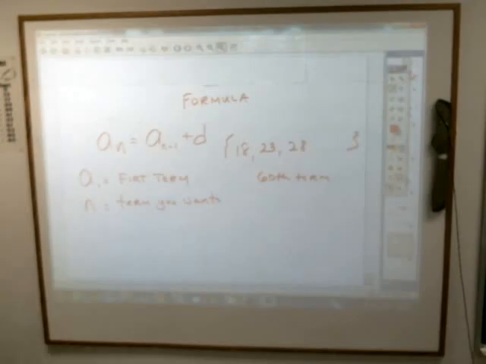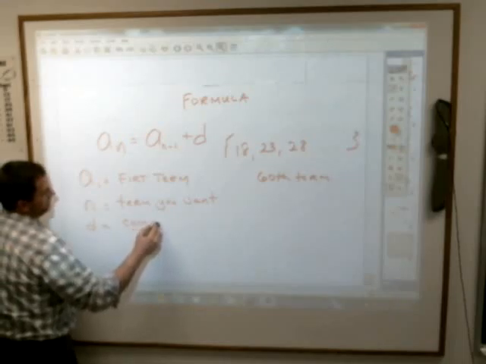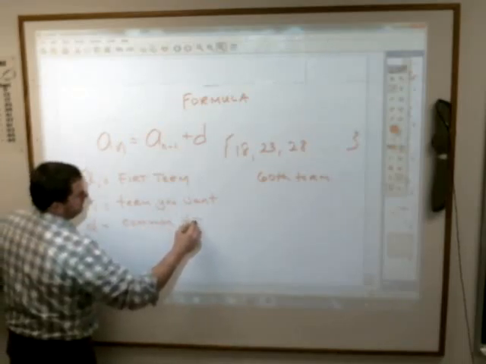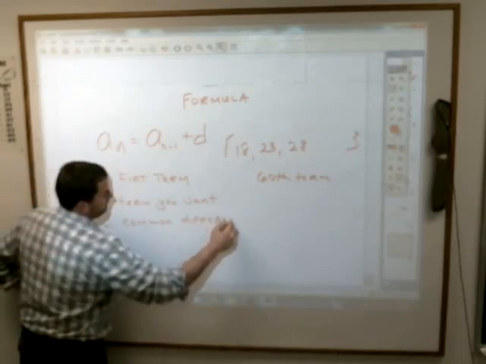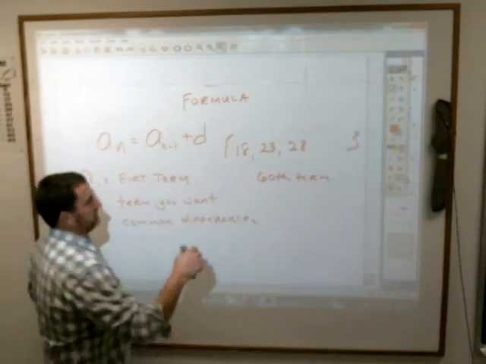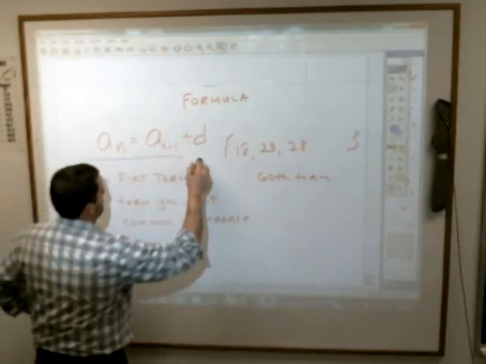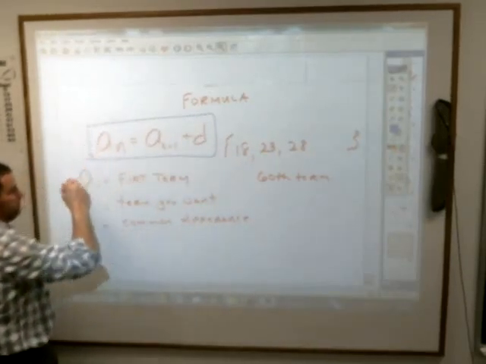And the letter D is the common difference. I suppose we can't really solve that just yet, because there's another formula we actually need to do this one. But see if you can catch what that means based on this.